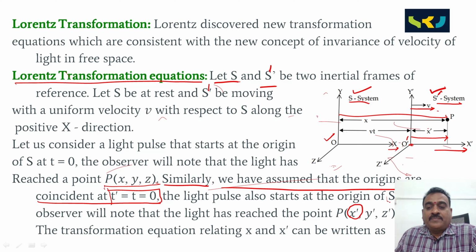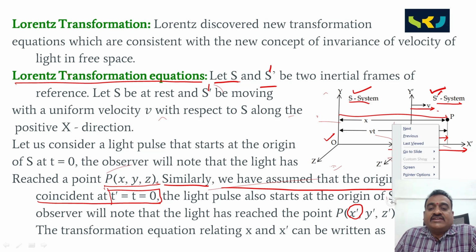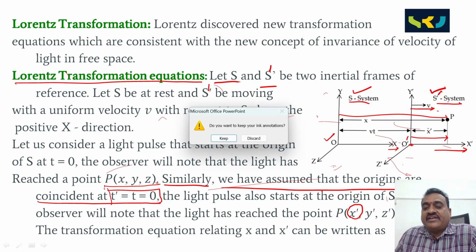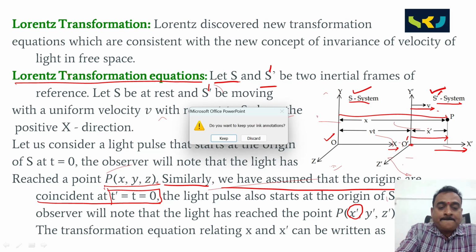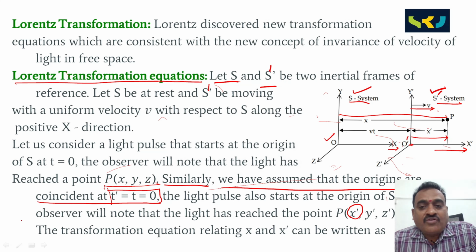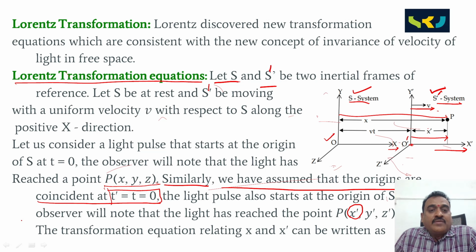So, the transformation equation relating x and x dash can be written as follows. What we are discussing: let S and S dash be the two inertial frames of reference. Let S be at rest and S dash be moving with a constant velocity v along the positive x direction. Let us consider a light pulse that starts at the origin O at time t equal to 0.